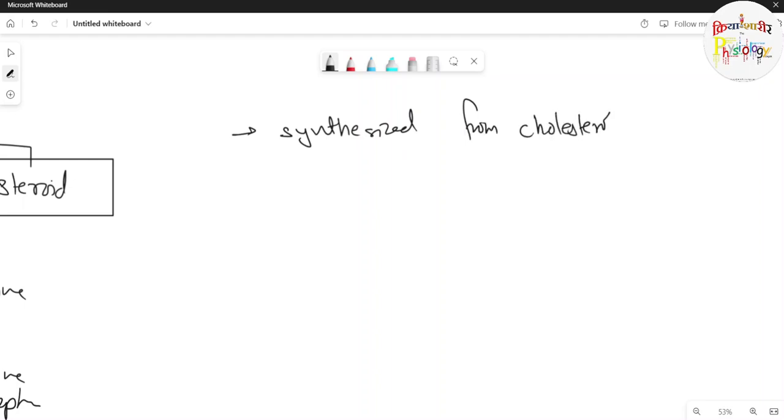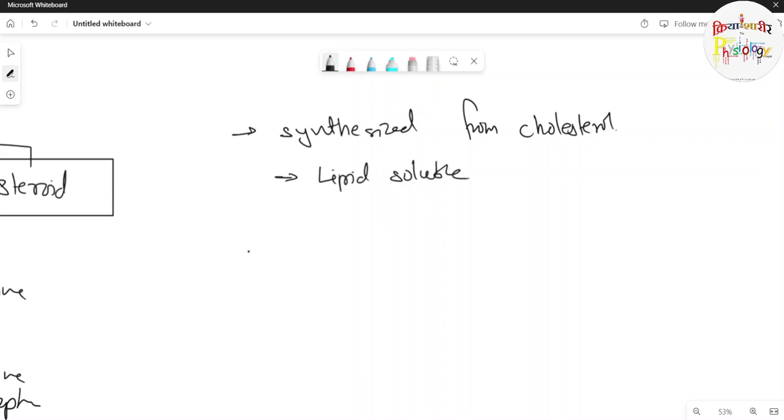So, like derivatives of amino acids, this cholesterol inside the cell or endocrine cells undergoes many enzymatic reactions and forms steroidal hormones. As these are formed from cholesterol, these are lipid soluble.